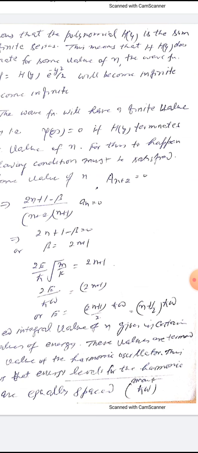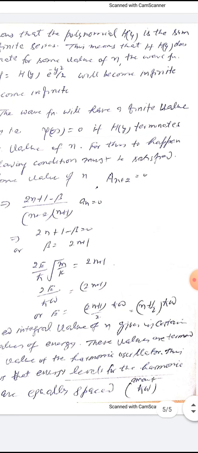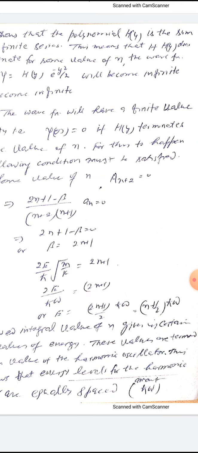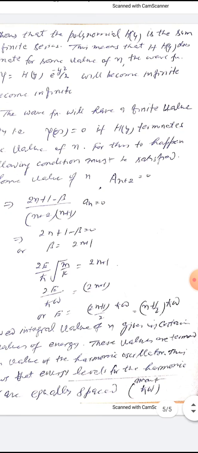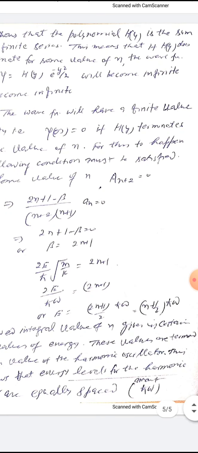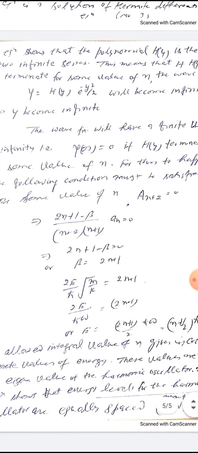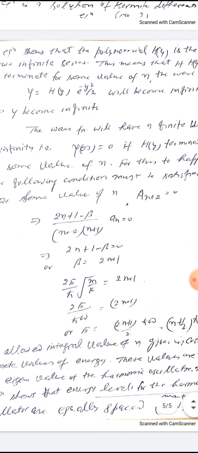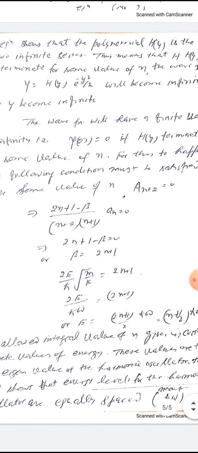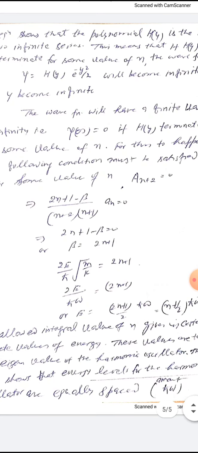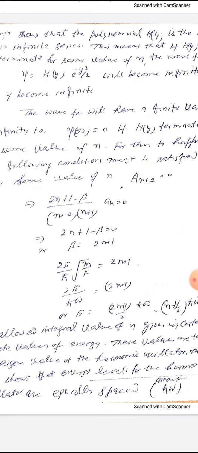Now, please remember, we have solved this Hermite differential equation by the power series method. This is the solution which I have given here, and if you don't have time and you are not interested, in that case you can directly write down this result from equation number 4.